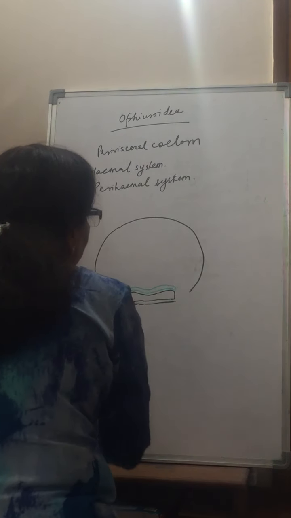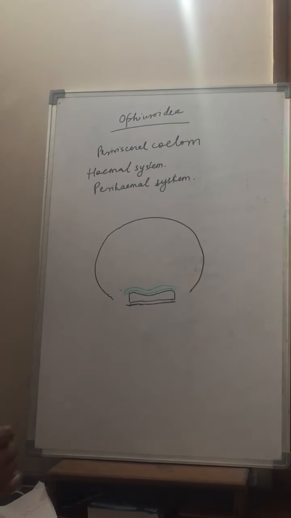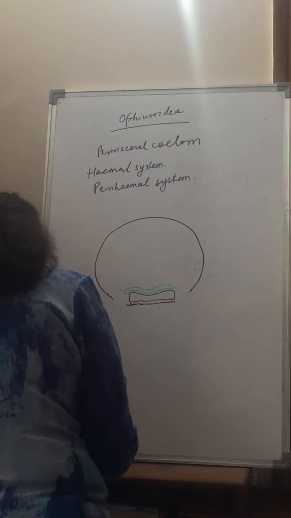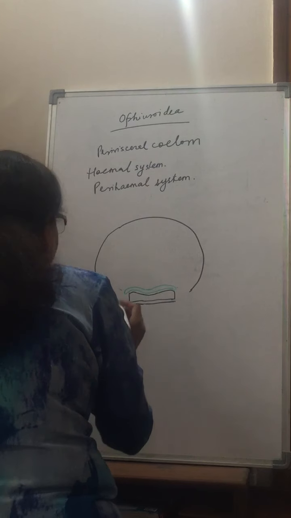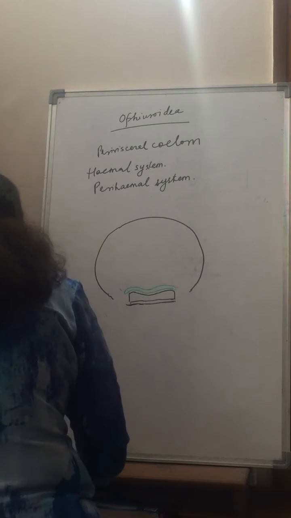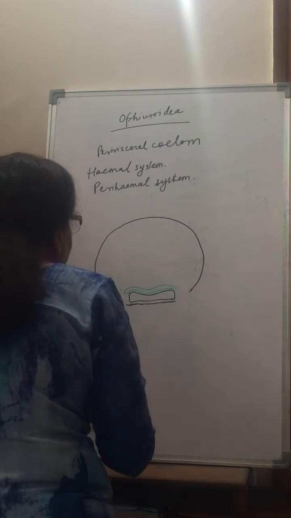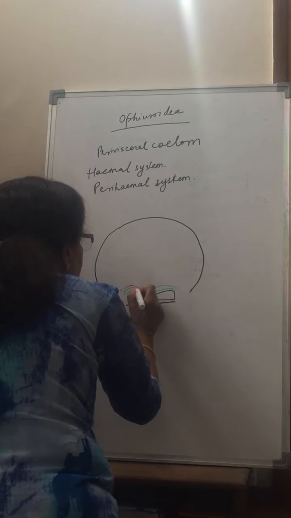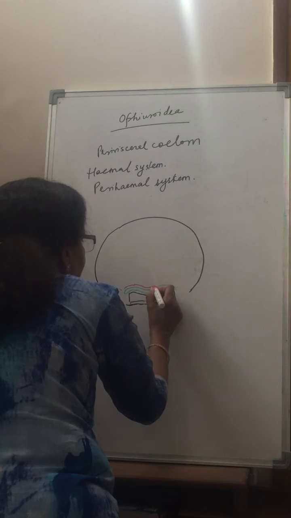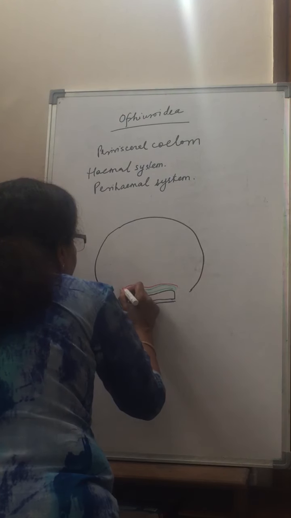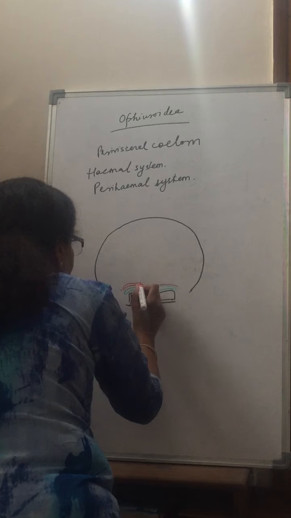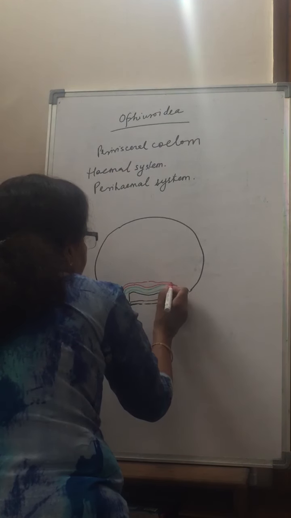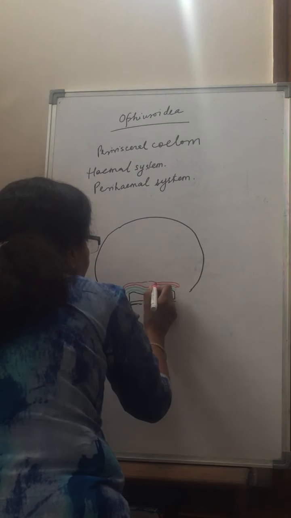So this is the remnant of the ambulacral groove as we have discussed earlier. Now above this we have the radial nerve. Why do we call it radial? Because it passes through the arm of the animal.